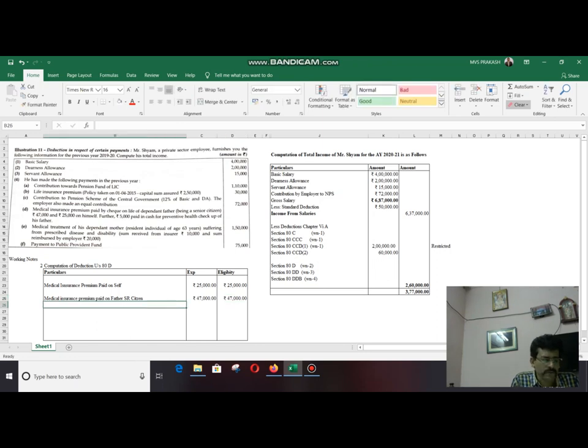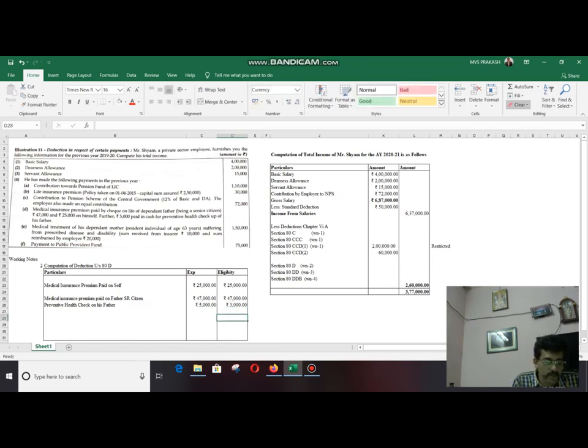Eligibility is also 47,000. Now let us see the other aspect here. He is also telling there is a preventive health checkup on his father. Expenditure incurred is 5,000. If I consider 5,000 in the hands of father, the total expenditure becomes 52,000. So ultimately 5,000 is restricted to 3,000.